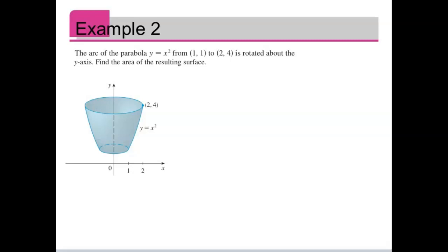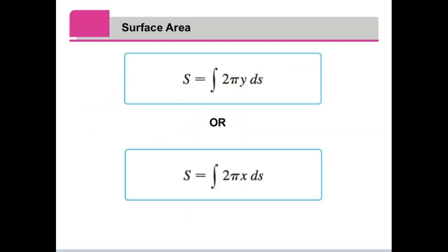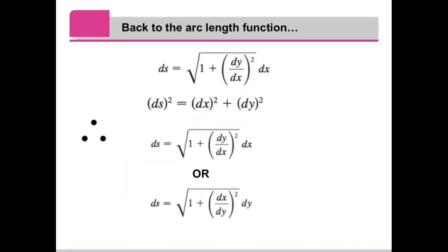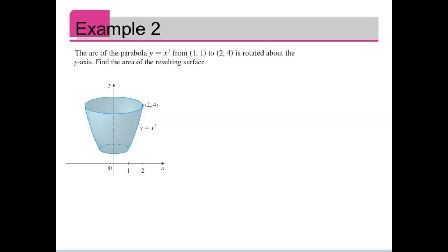So this one we're rotating around the y-axis. I think this one I might do 2 versions of. Oh no, maybe we'll do that in example 3. We could do it here too, though. All right. So take a moment and write this down. So we're taking the parabola y equals x squared, that guy there, but we're just looking between the point 1, 1 and 2, 4, so just here.